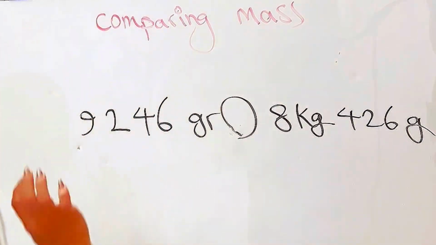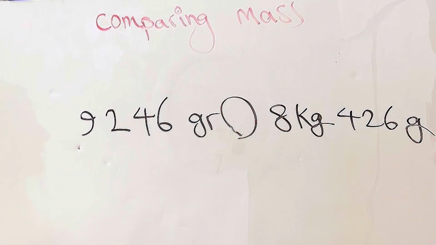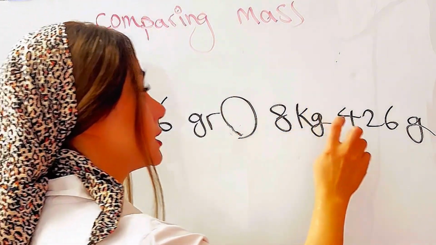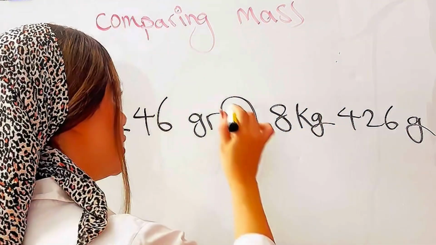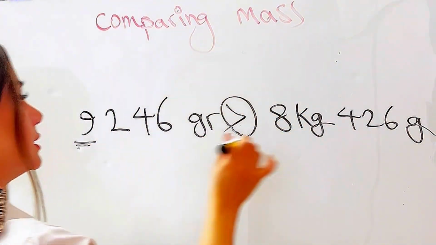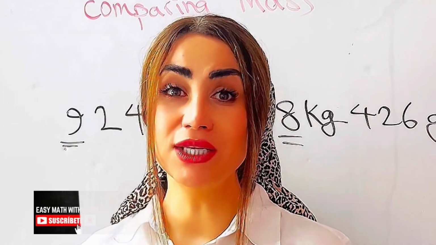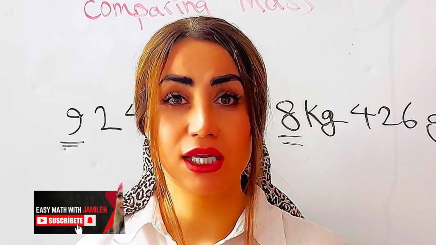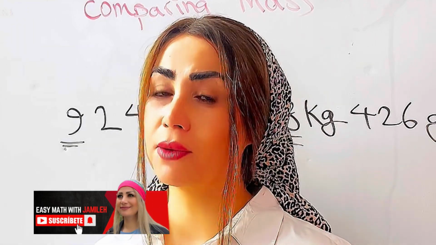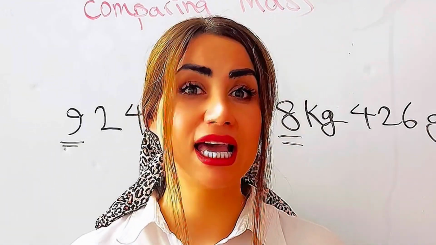Well, 9246 is bigger than 8 kilograms 426 because 9 is bigger than 8. This kind of stuff is really useful in real life, just like when you're comparing product weights at the store.